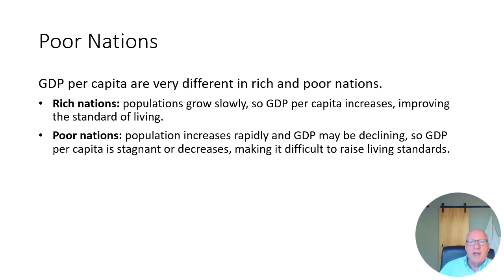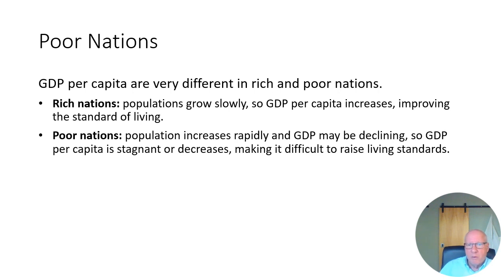So you can see that when you have rapid increases in population, you need to have a very rapid increase in GDP to be able to have a rising standard of living. In poor nations, that's generally not been the case. Their GDP growth has either been declining, or if it's been rising, has not been rising rapidly enough to overcome population growth.